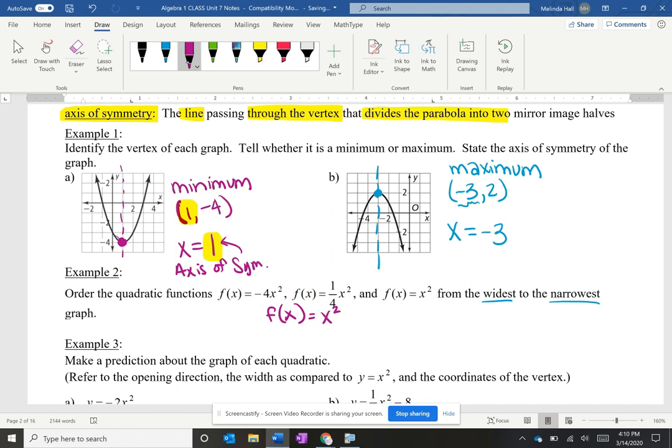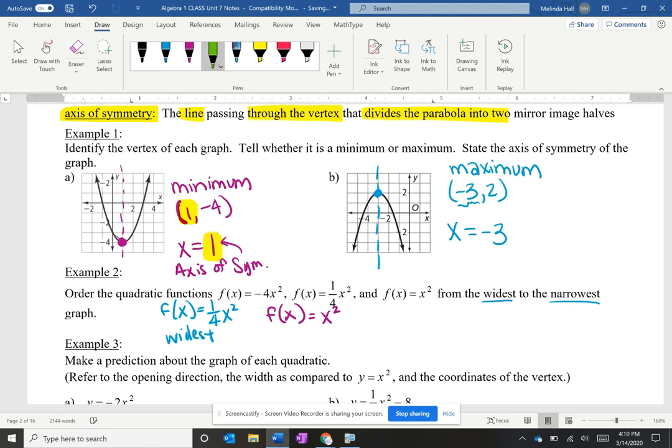Then, thinking that we want a wider number, remember this is backwards from what you would expect. Wider means that the number is smaller in front of the x squared. So we would have, I guess it's going to go on the left, f of x equals 1/4 x squared because that's the widest one.